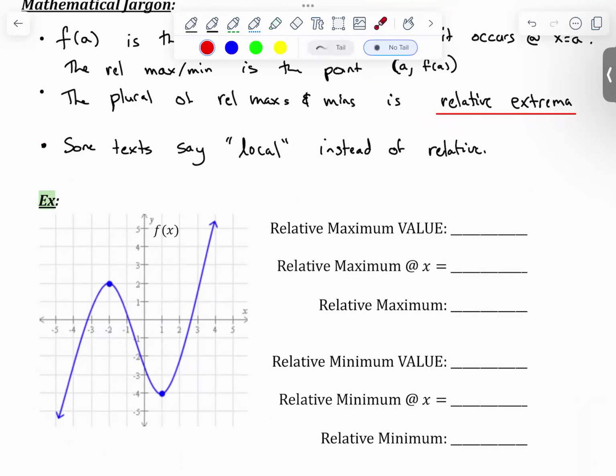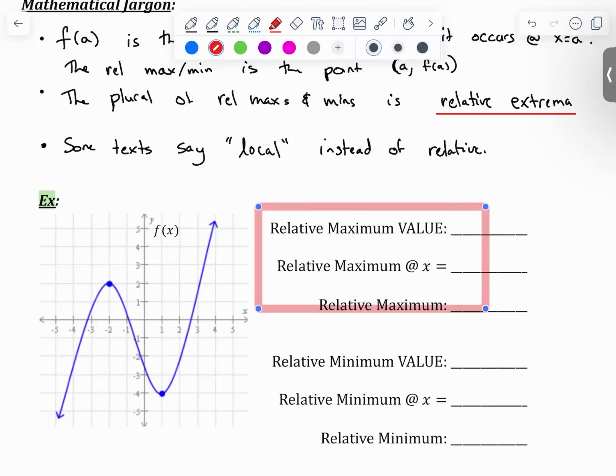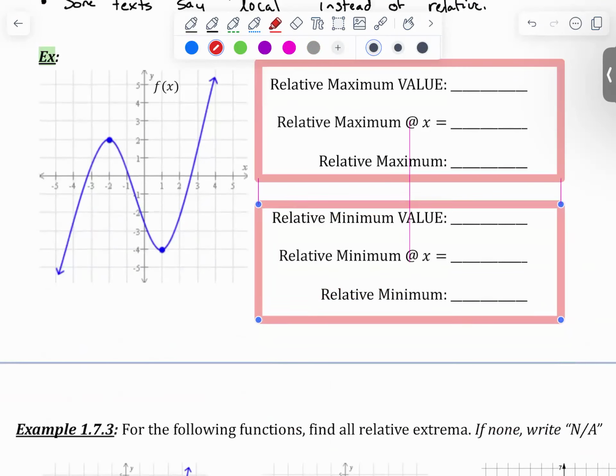So, digesting the jargon. For the relative maximum, I'm going to put a red highlighted box around it, and I'm going to duplicate it and do the relative minimum in purple.